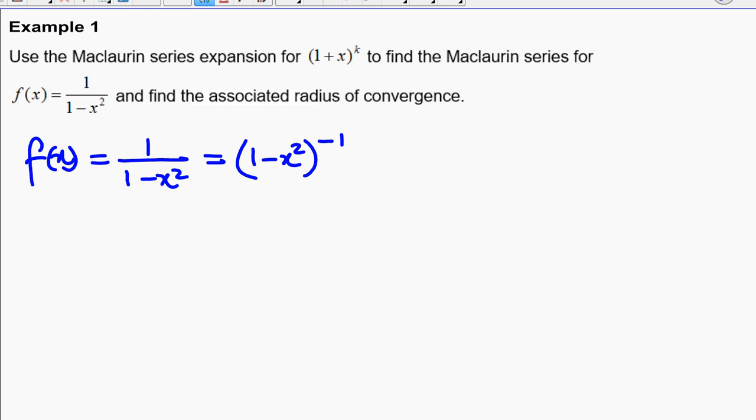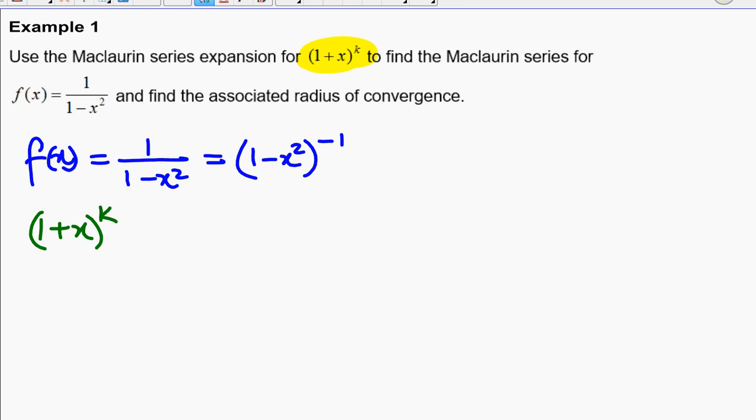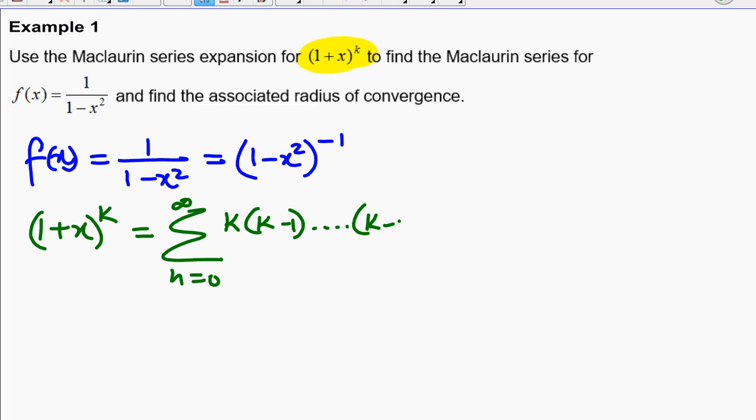All right. Now, we know that 1 plus x to the power k, this bit here, from the previous video, is equal to the sum from n equals 0 to infinity of k times k minus 1 up to k minus n plus 1.